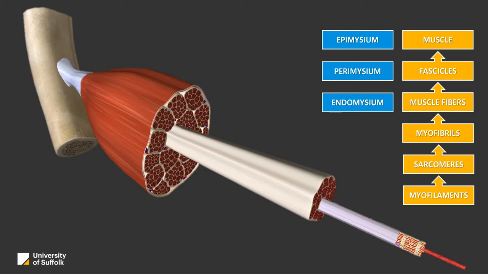Part of this is to protect the muscle and to reduce friction when it comes into contact with other organs. So the purpose of these, as I say, is to hold the muscle together and at the same time to protect the fibers, the fascicles, and the muscle itself.